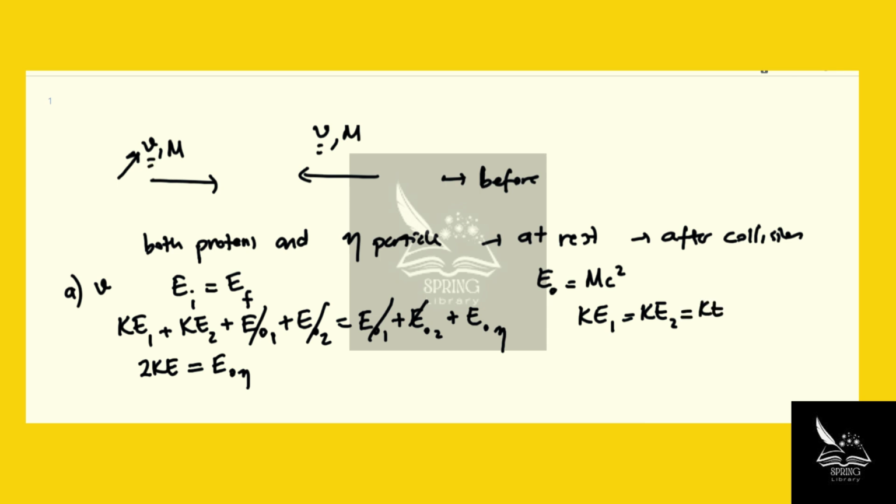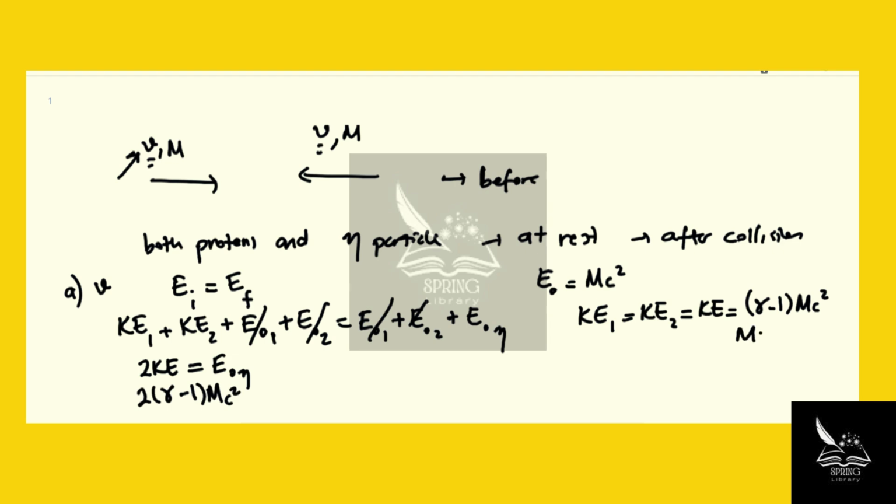So we call this Ke, and relativistically speaking, this equals gamma factor minus 1 times mc squared, right? So this is what we have on the left-hand side, twice this term here. We can put it there: twice gamma minus 1 mc squared.